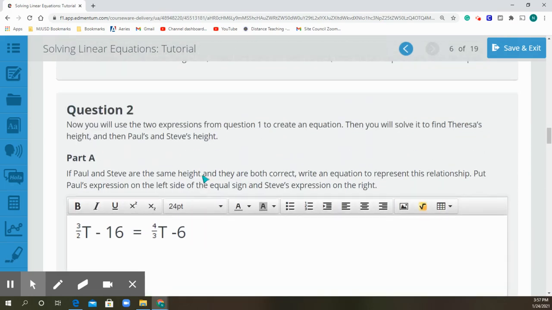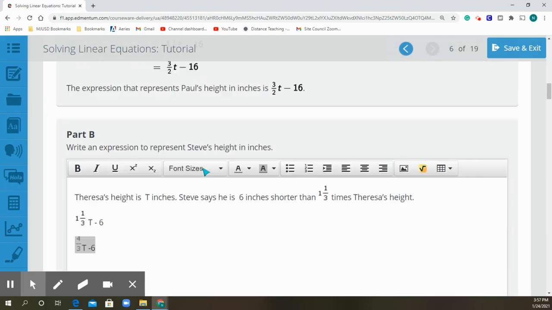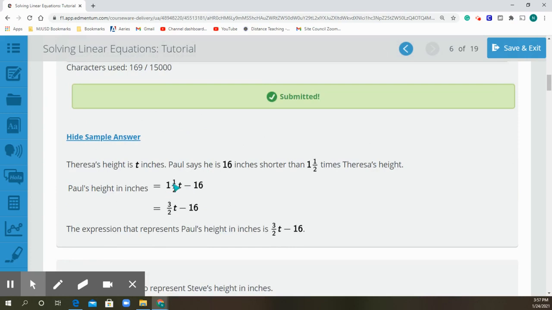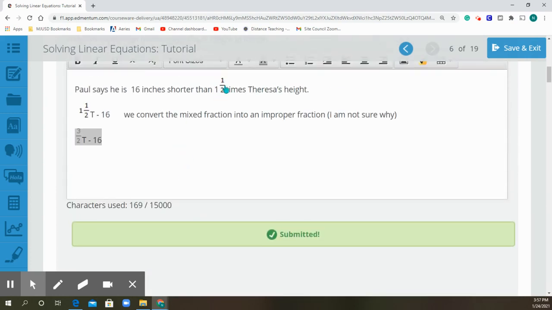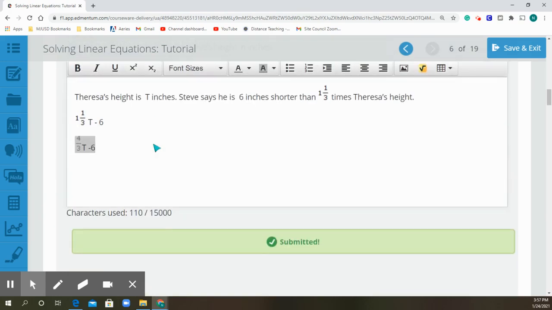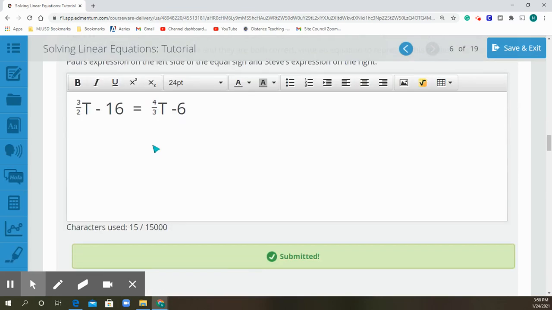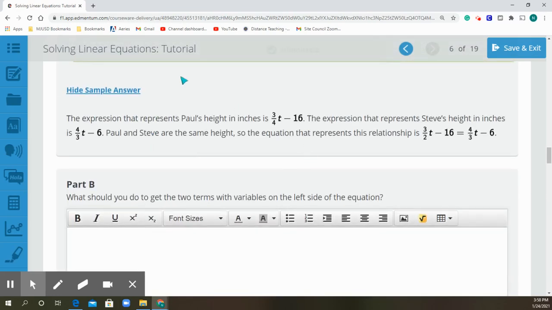I'm sticking with 3/2 because up here we made it 1.5. 1 and 1/2 was equal to 3/2. So that must be a typo on their part. I hope those that don't use this video still get that correct, because that could be really confusing.